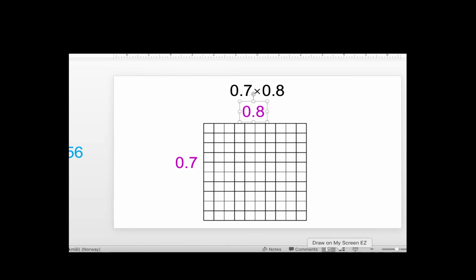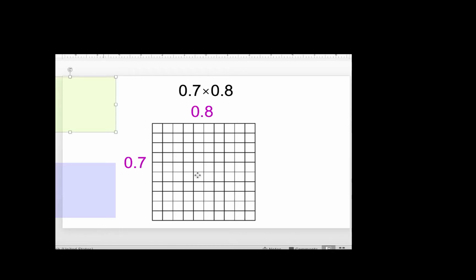So I need to color in 7 rods with my 0.7. I have 1 rod, 2, 3, 4, 5, 6, 7 rods. So that represents my 0.7.